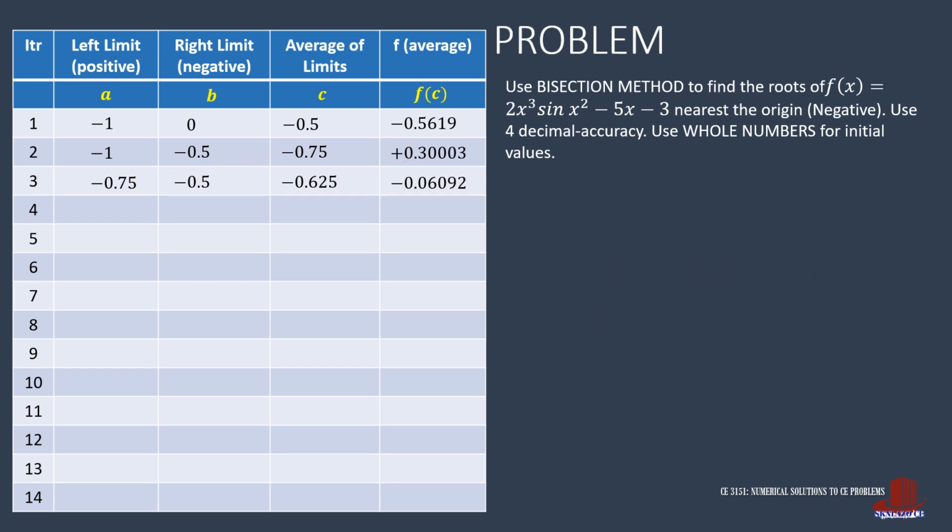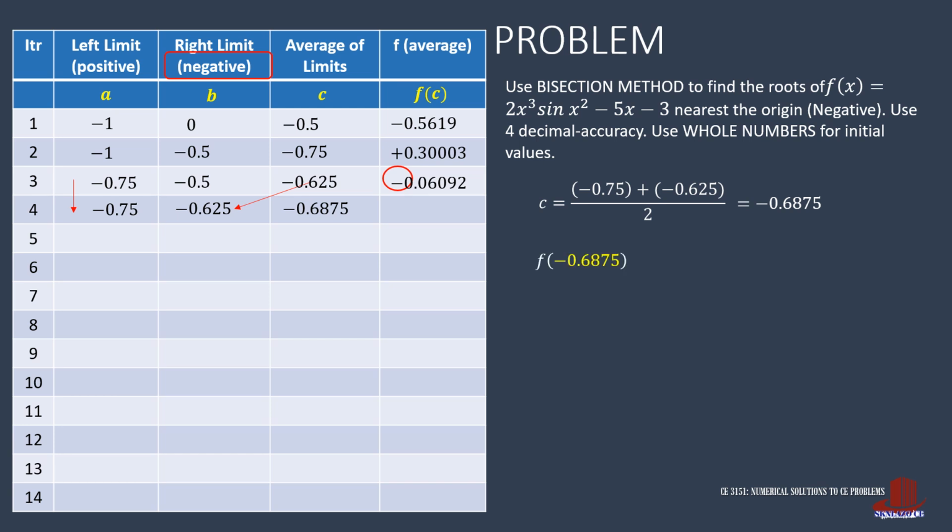The fourth iteration starts similarly to the others. Check the sign of f of c, which in this case is negative. This means that c replaces the right limit, and a stays the same at -0.75. The midpoint is then taken as the average of -0.75 and -0.625, which results to -0.6875.